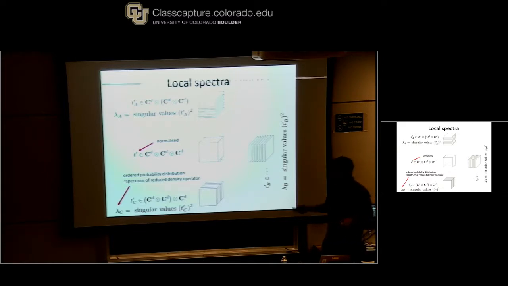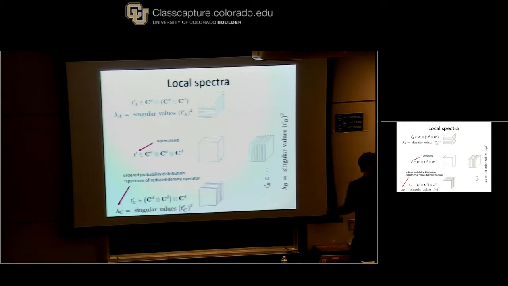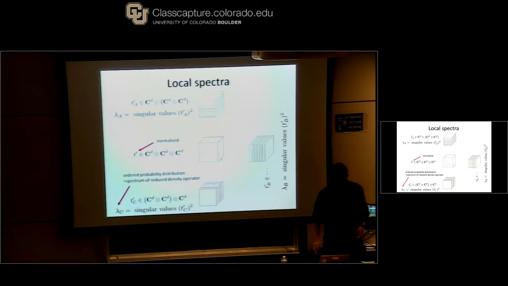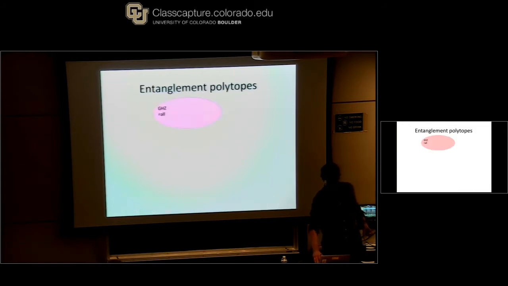And so for each tensor here, I can now draw a point in a three-dimensional quadrant. And I always take the largest, so they're always bigger than a half. So let me do that for the GHZ state. What is the triple of eigenvalues for the GHZ state? The largest one.